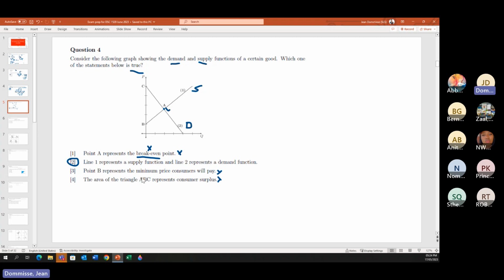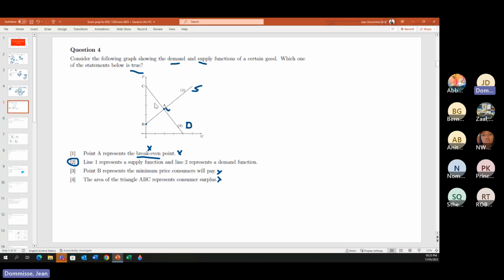Point B represents the minimum price consumers will pay. That's actually quite interesting. Is that the minimum price consumers will pay? It is.